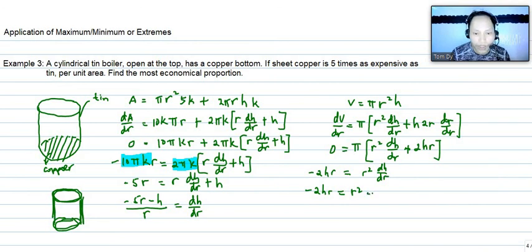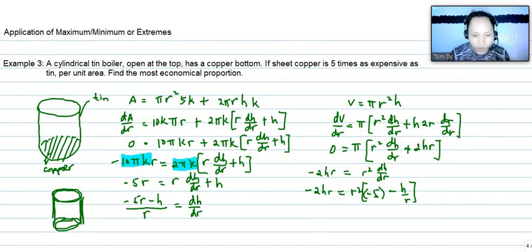So we have here negative 5. Okay. And then negative h over r. So actually, that is our dh over dr. Okay. Negative 5 minus h over r.